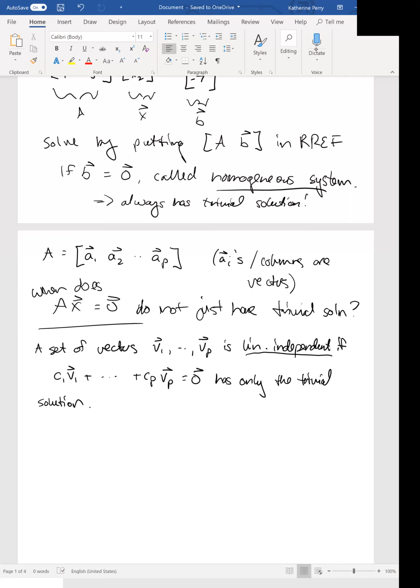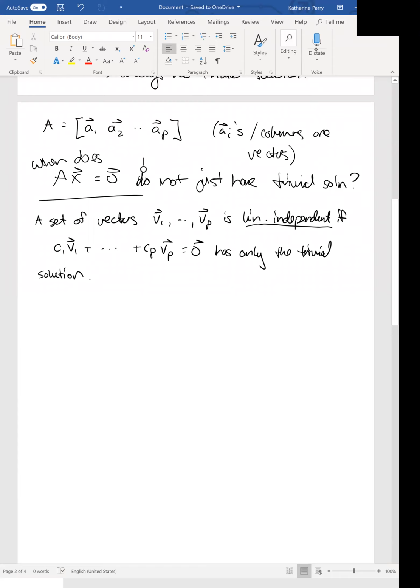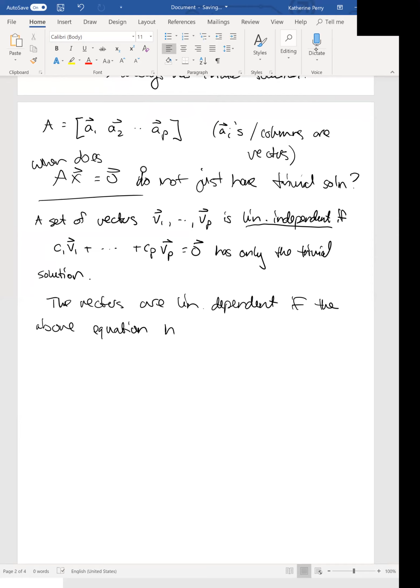And we say that the vectors are linearly dependent if the above equation has infinitely many solutions.